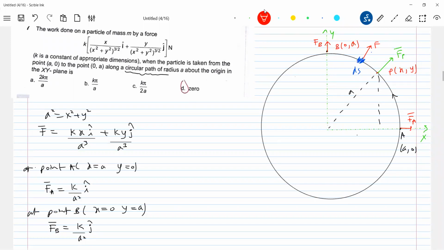Or you can do one thing. The integral from (a, 0) to (0, a) of F bar dot dr bar. Integrate k x a cube i cap plus k y a cube j cap dot dr, and you'll end up with 0. This is mathematics. It's better in terms of physics: we must analyze, not just integrate. We must really work with the diagram, not just mathematics.